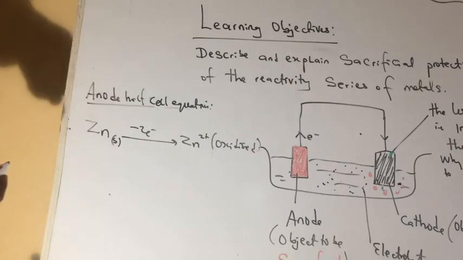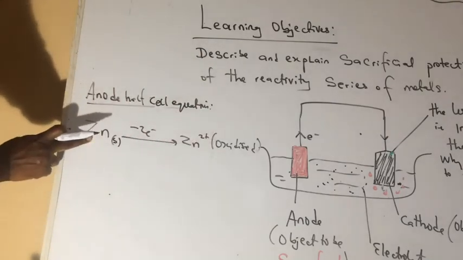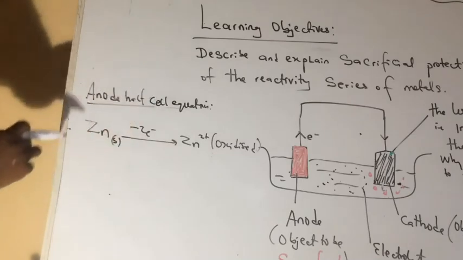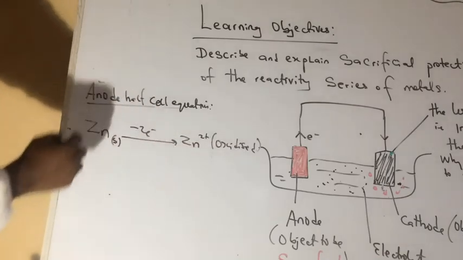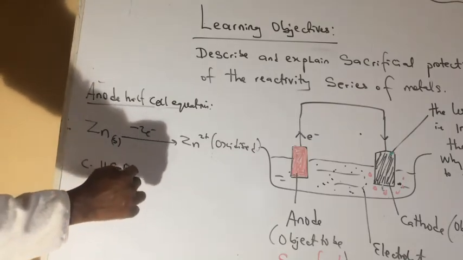Oxidation has taken place because electron is lost, or increased oxidation number. Oxidation number here is neutral, or 0, and here is +2. So there's an increased oxidation number, or electron is lost. Now this oxidation happened at the anode.